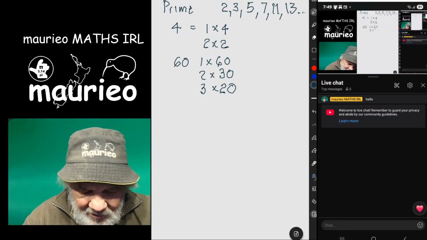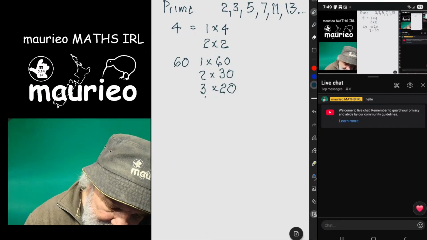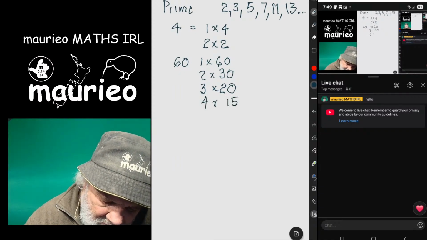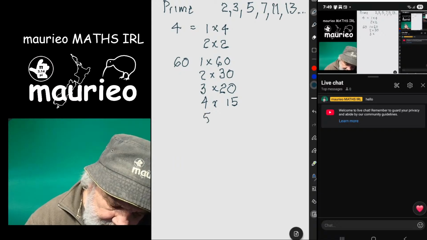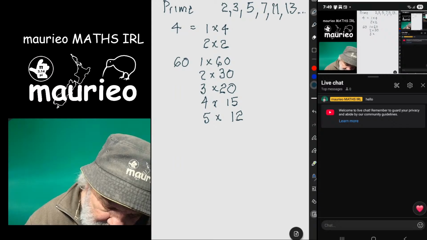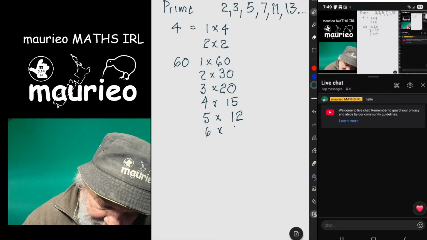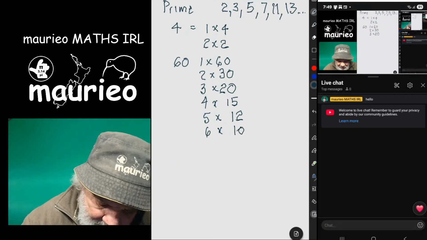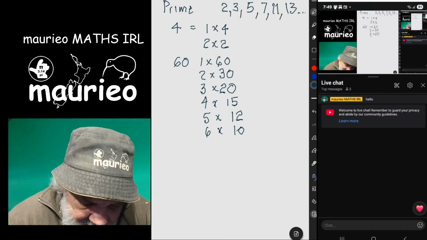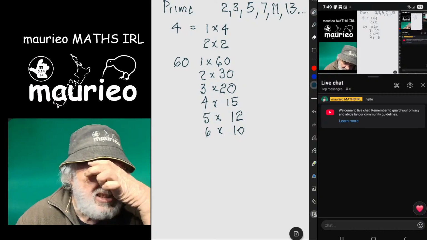Okay, so these are all factors of 60, and then we can go 4 times 15, 5 times 12, 6 times 10. Okay, these are all factors of 60.